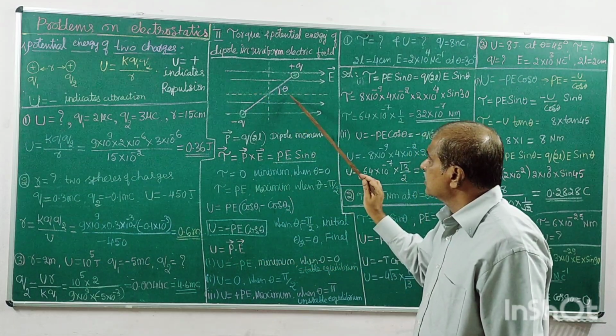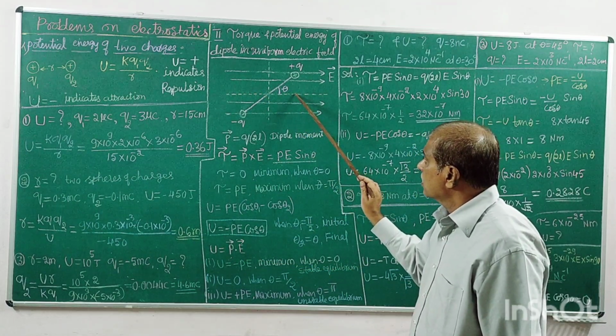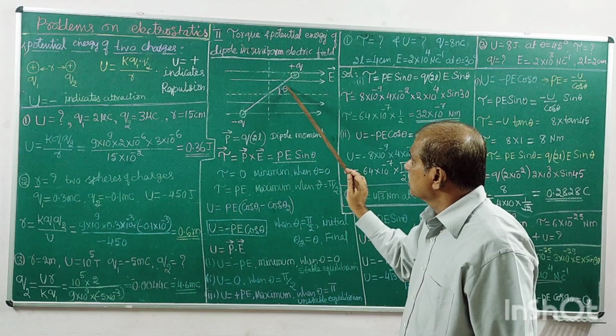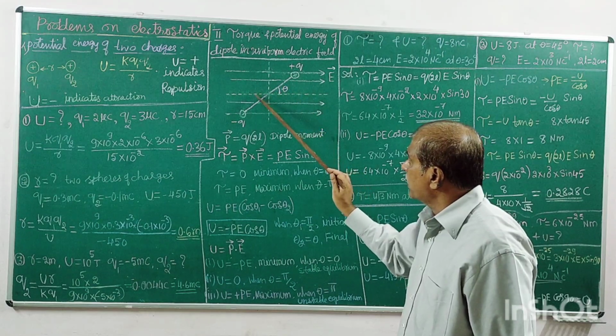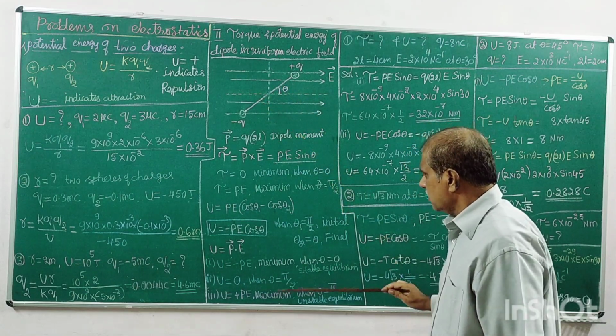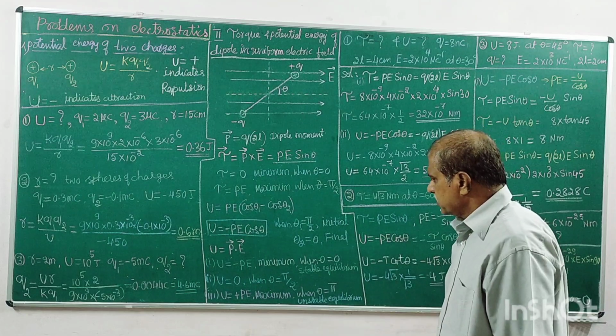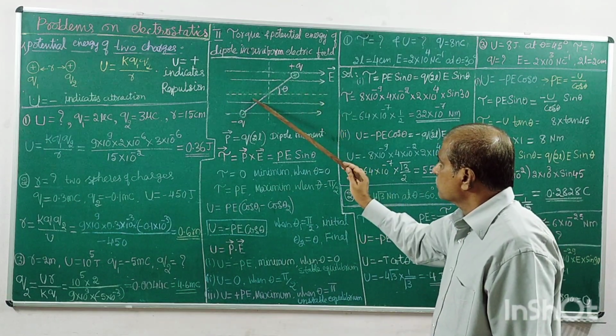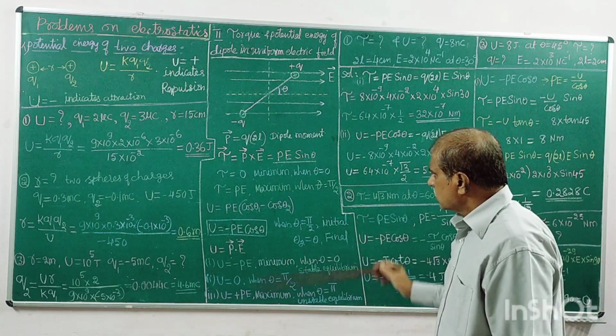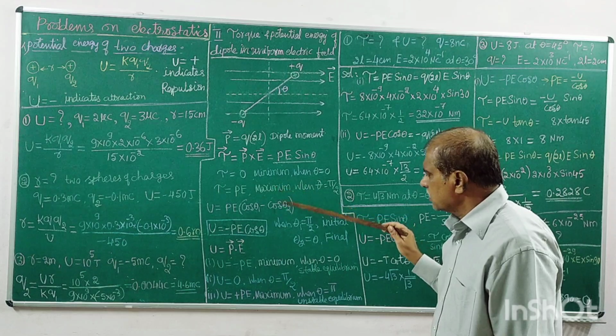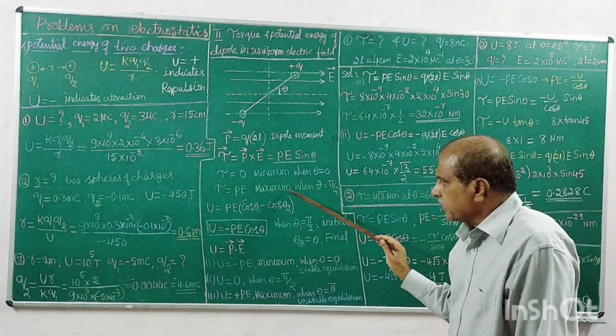It is the same as the work done in rotating from 0 to pi. That is the amount of work, or potential energy, increasing from here to here. So these are the things I will brief. So I have briefed it again.